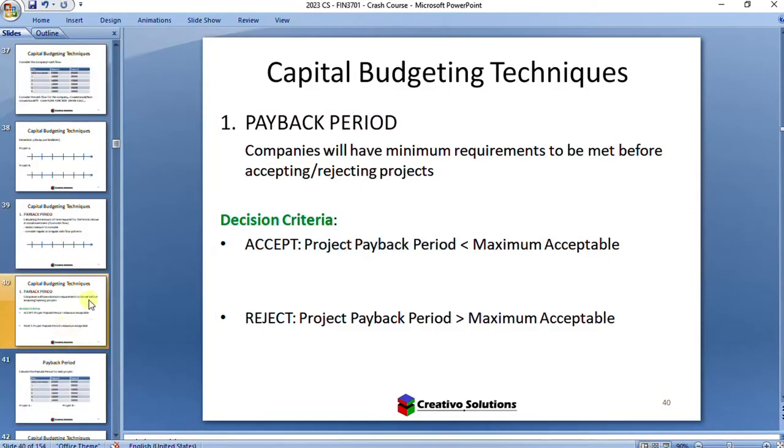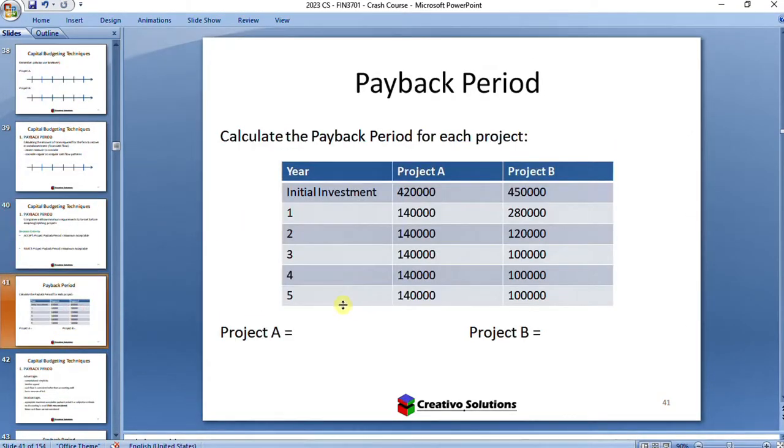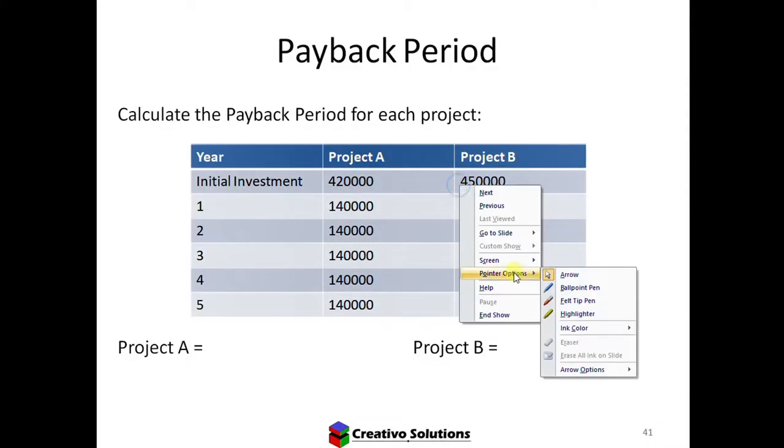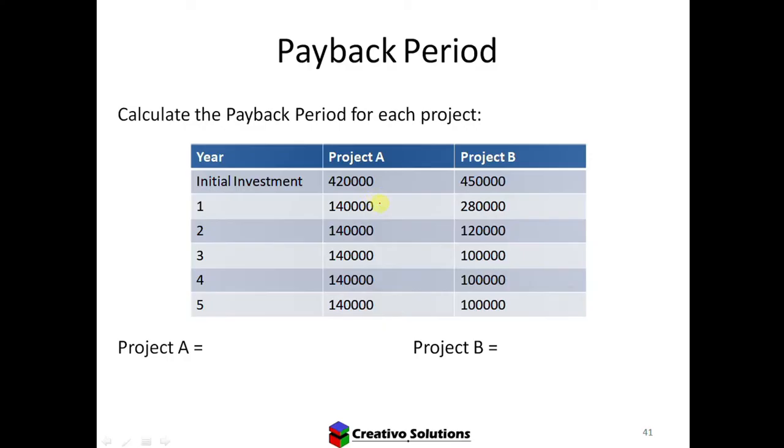Right, I have an example for you. Here's the example. Same project, A and B. If I'm looking at payback period, what would it be? This one you can't calculate using a formula. There's no formula. It's just a normal intuitive calculation. What would the payback period be here? What would you do?